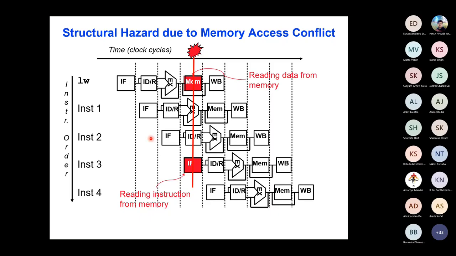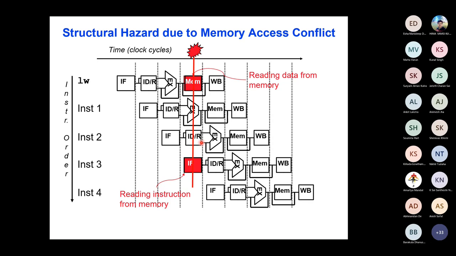To resolve the hazard, one way is to stall, which means you push this instruction towards the right in the pipeline by 1 clock cycle, so that the instruction fetch appears here. Again, there may be a conflict with this one, so you have to push it up to maybe here, and that inserts a lot of delay.